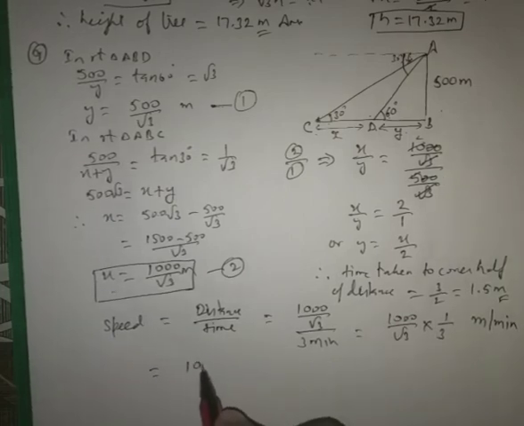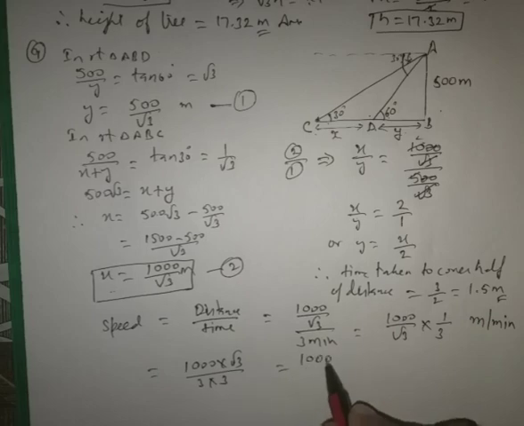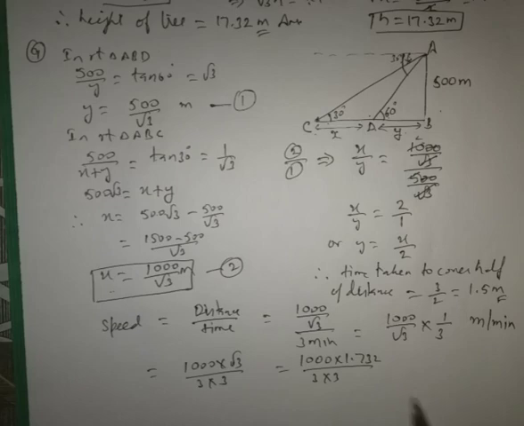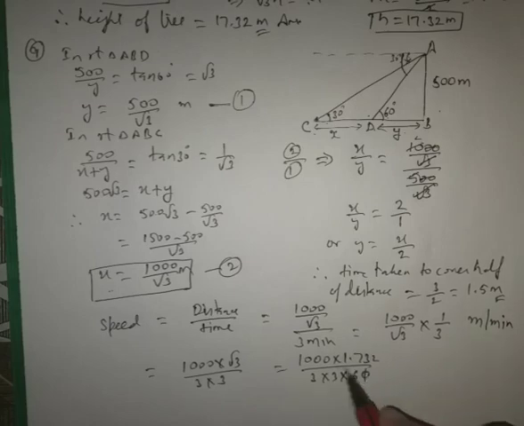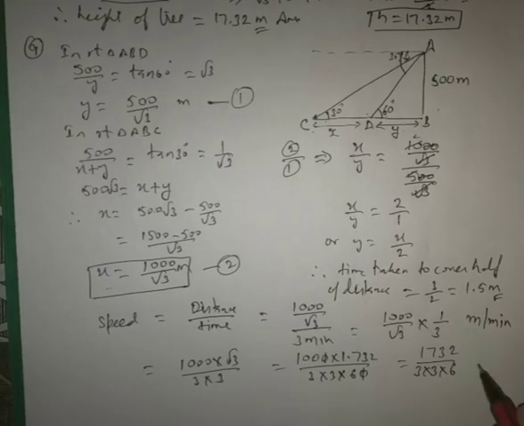So this will be equal to 1000 root 3 over 3 multiplied by 3. This will be 1000 multiplied by 1.732 over 3 multiplied by 3, and in the denominator it was minutes, so I am converting that minute into seconds by multiplying by 60. So this will get cancelled with this. So this is equal to 1732 over 3 multiplied by 3 multiplied by 6 meters per second. Now you can calculate this value and get the answer in decimals.